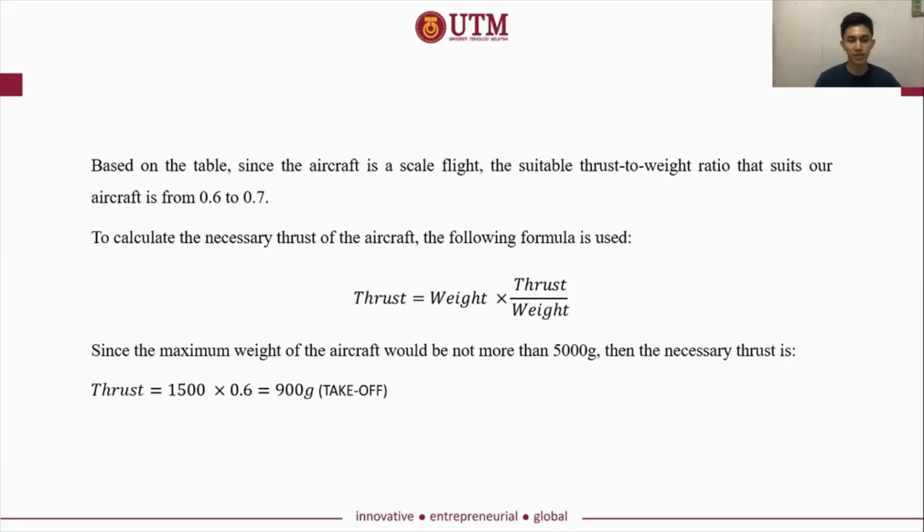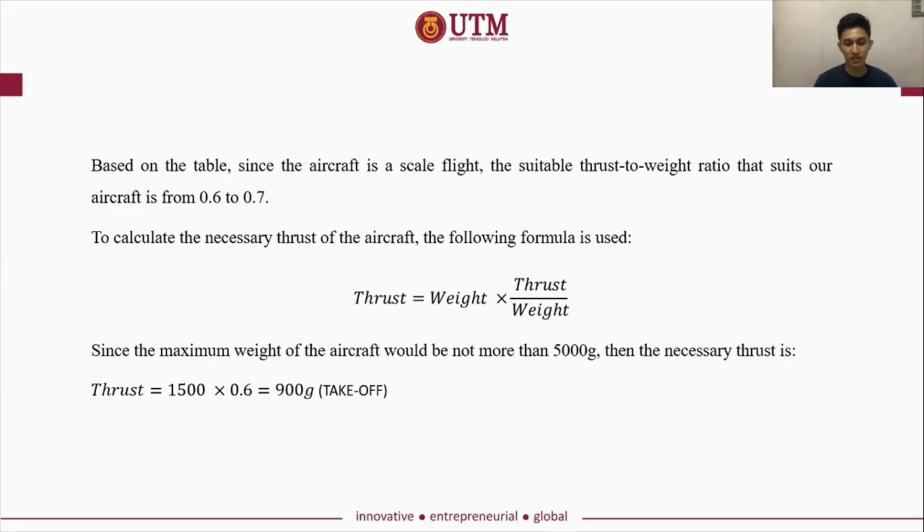So based on the table, the suitable thrust to weight ratio for our aircraft is about 0.6 to 0.7. Then to calculate, thrust equals weight times thrust to weight ratio. In this project, the weight should not be more than 5,000 grams, but we estimate that our aircraft will be around 1,500 grams.